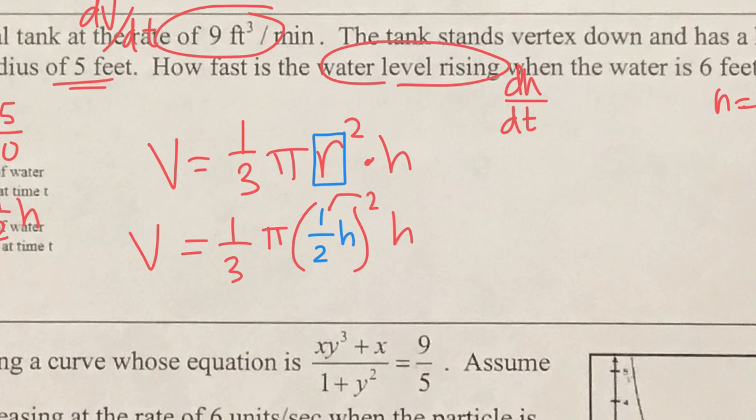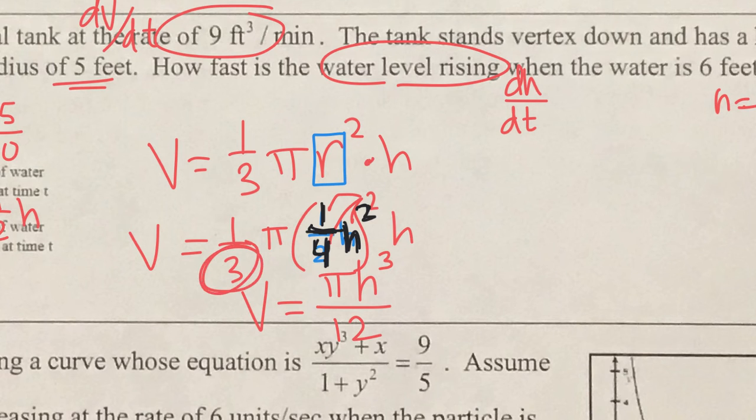So I'm going to square all of my terms in here. This becomes a 1/4 h squared. I'm going to be a little sloppy here. So this is now 1/4 times h squared when I square all my terms. Now I do some simplification and I get the volume of this cone is pi times h to the 3rd power over 12.